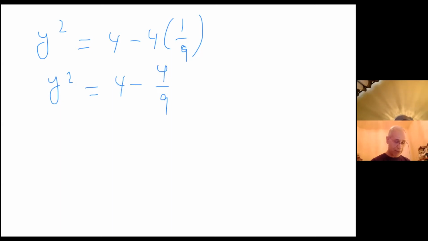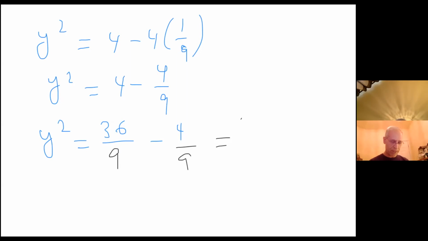Using the least common denominator of 9, y squared equals 36 over 9 minus 4 over 9, which gives me 32 over 9.